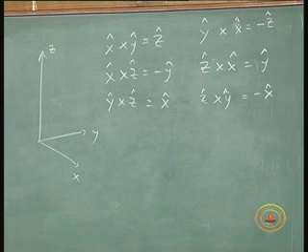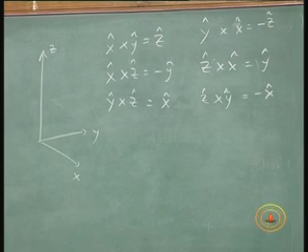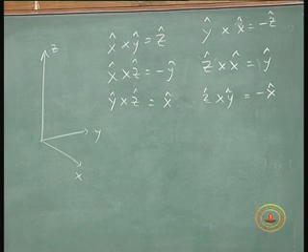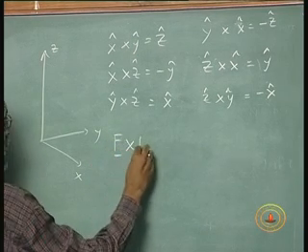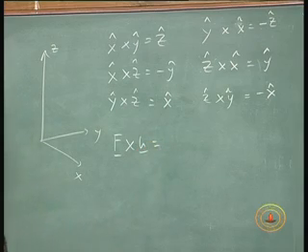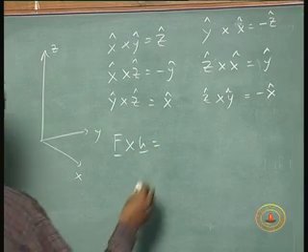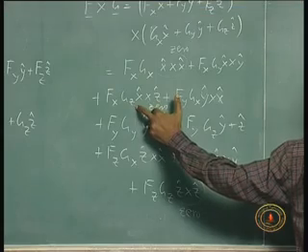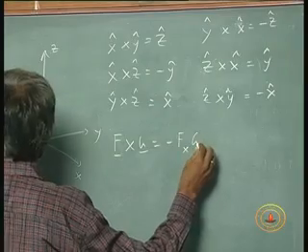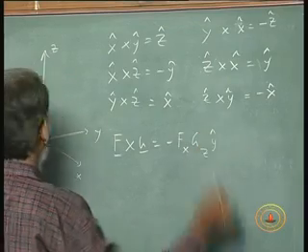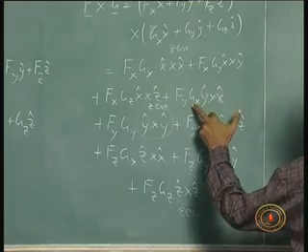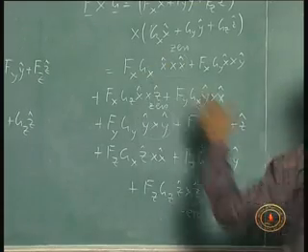So let us write out these terms. When you write out these terms, what you get is f cross g is equal to, I am sorry, I started with the wrong term.